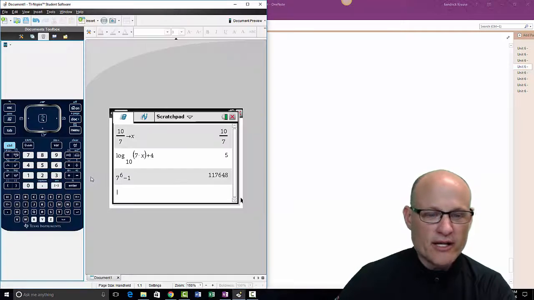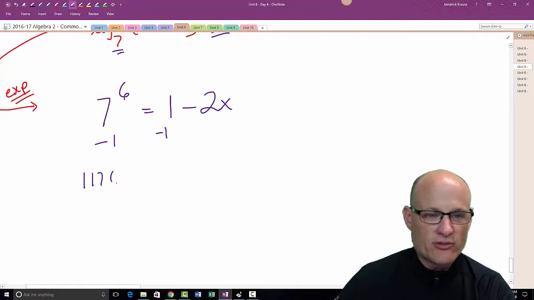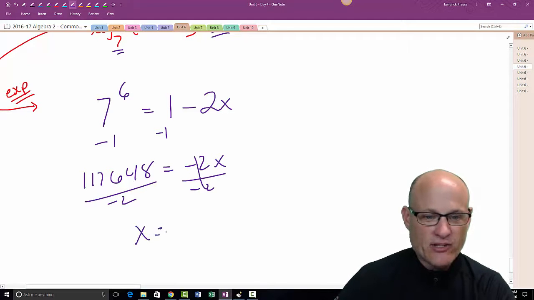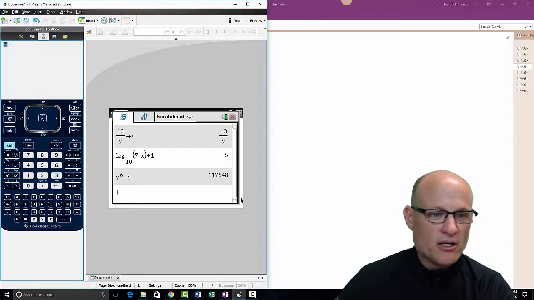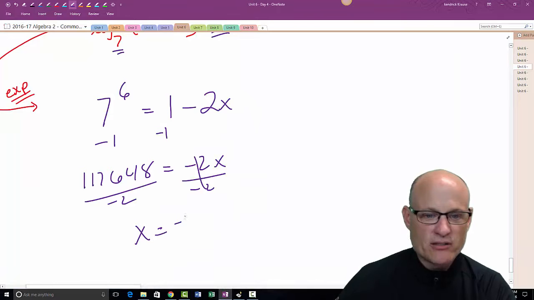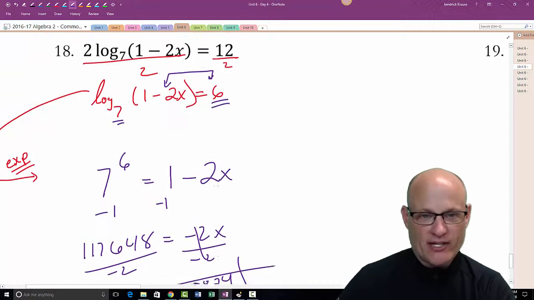So 117,648 is equal to negative 2x. I divide by negative 2. I divide by negative 2. And I get x equals, divided by negative 2, negative 58,824.